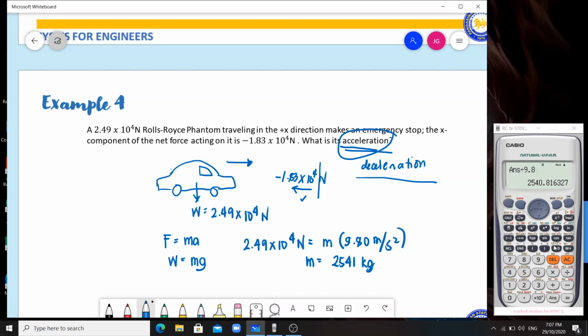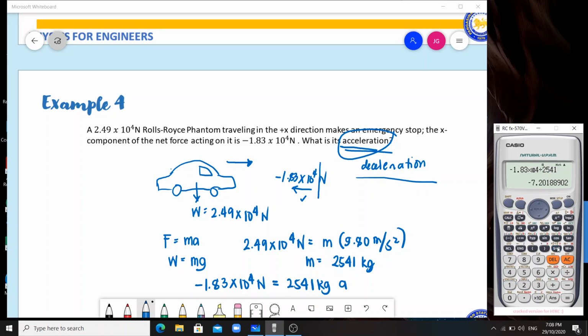Ayan. So, pag sinubstitute natin dyan, so, negative 1.83 times 10 raised to 4 Newton, okay, equals mass which is 2,541 kilogram times acceleration, okay, negative 1.83 exponent 4 divided by 2,541.